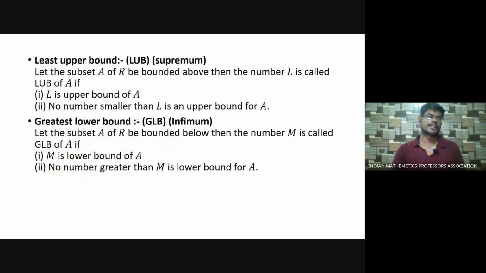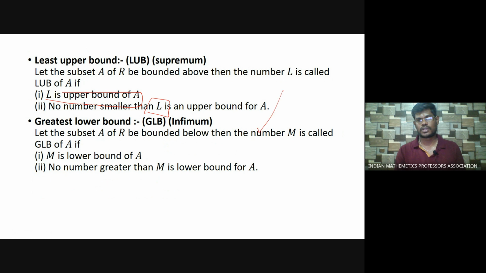And the next one, we should know about supremum and infimum. Already we know what the maximum value and the minimum value are. Based on this, we can check the supremum and infimum. The least upper bound is defined so that it should satisfy these two conditions. The first one, L is an upper bound of A and no number smaller than L is an upper bound.